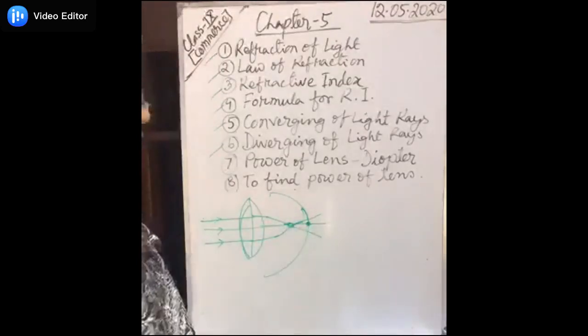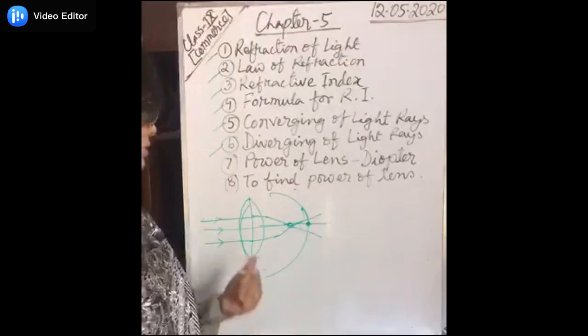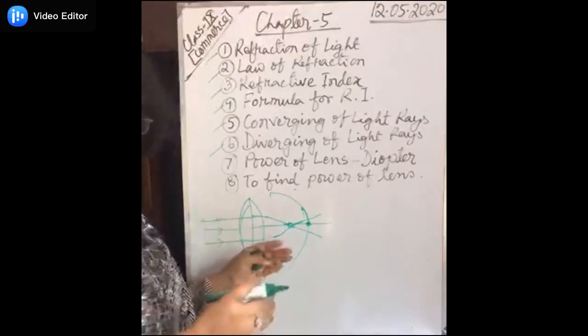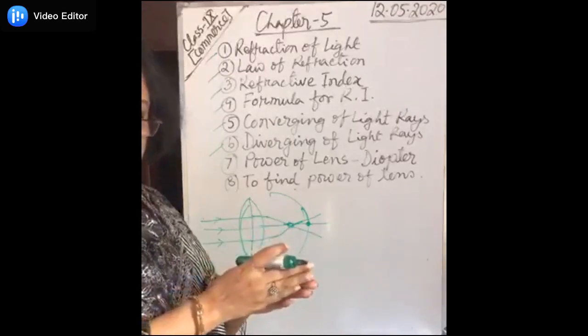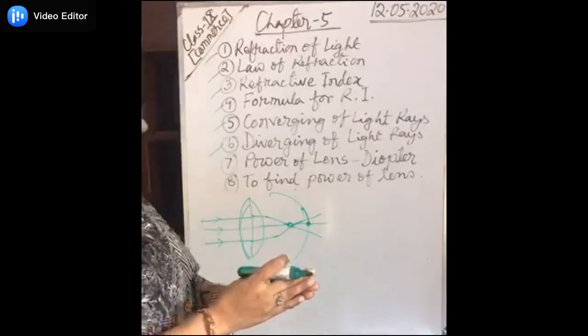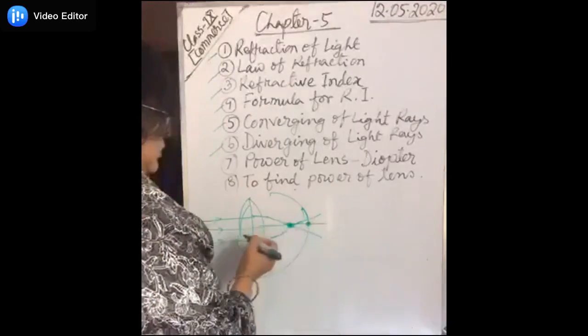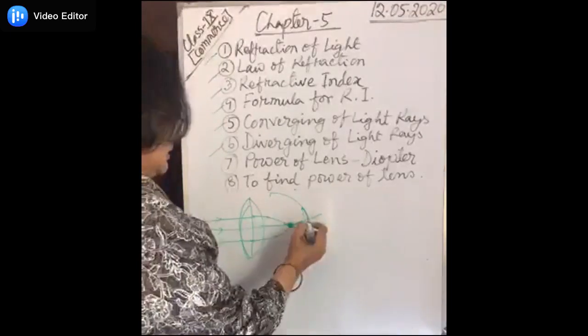If somehow the converging power of the lens increases, see, the rays become closer. That means their converging power increased, so the focal point is in front of the retina.